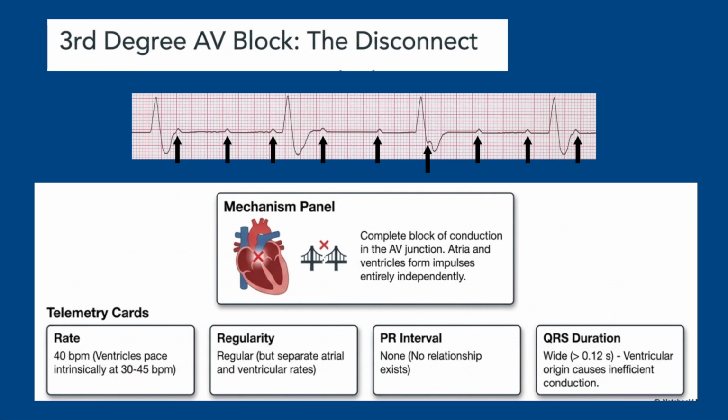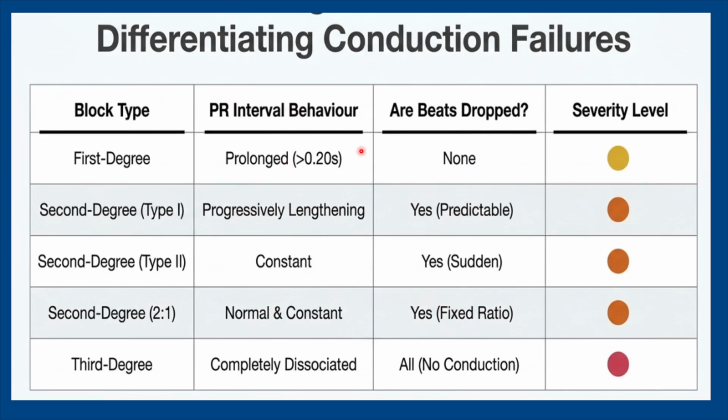If we go into this comparison to differentiate between different types of AV block: in first degree, it is just a prolonged fixed PR interval. It is more than 0.2 seconds, fixed but prolonged, and no dropped beats at all.